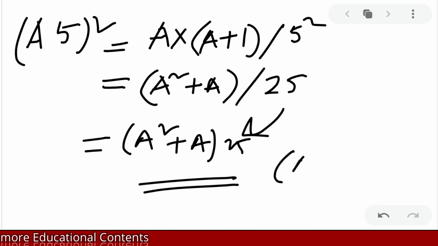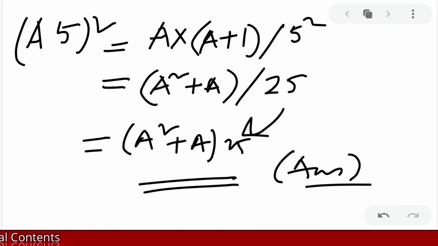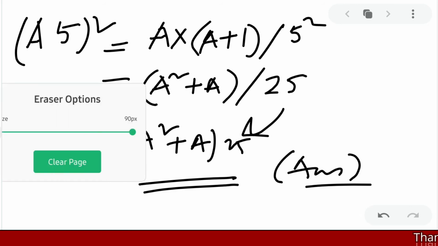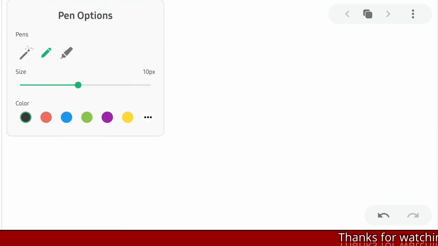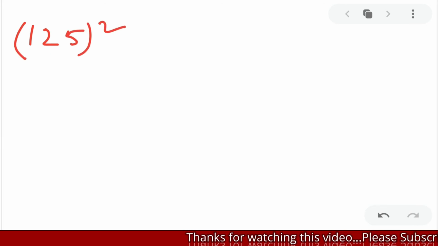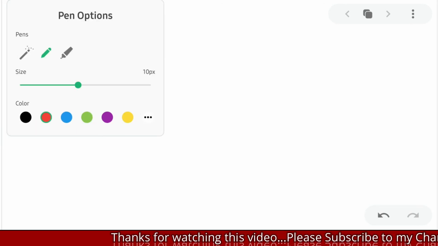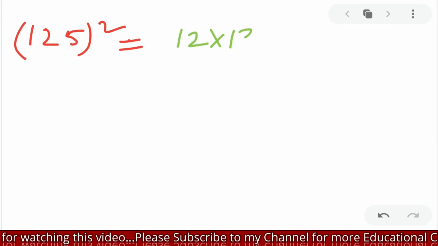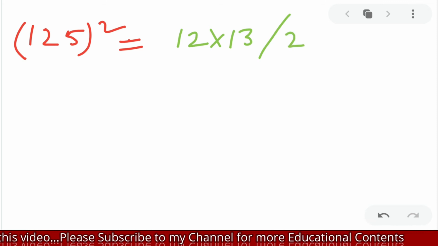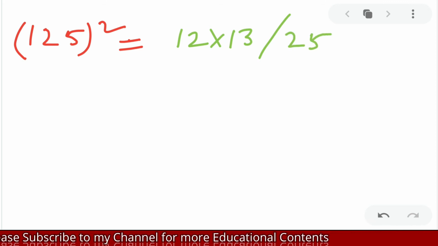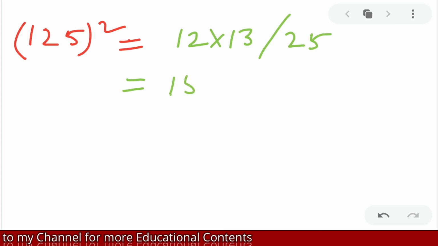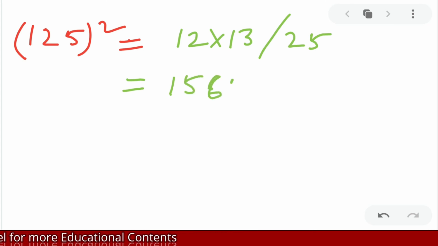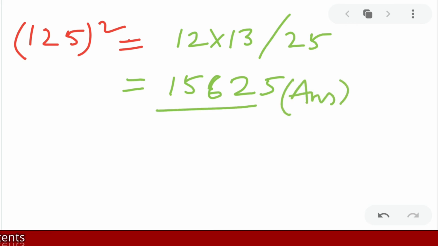So this is the generalized formula. Now we'll do another example with a 3-digit number, the square of 125. The answer is 12 into 13, and then 25. 12 into 13 means 156, and 25 comes directly. So this will be our answer.